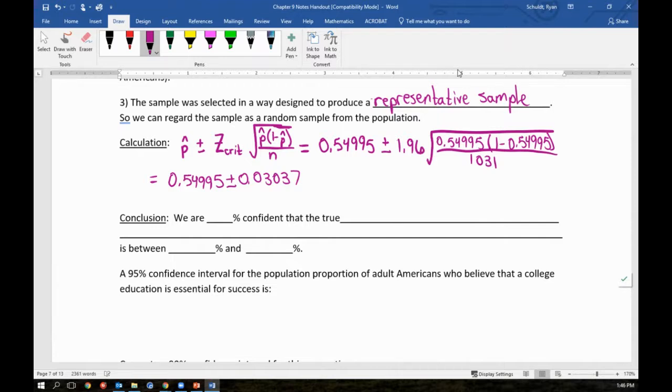So there's our, well, it's not our full interval. Now we remember we've got to split it up into its 2 individual pieces. So I'm just going to say subtract and then add. And since we're down to our final answer, let's round to 4 decimal places once we subtract and add.